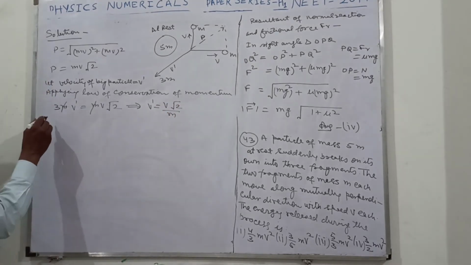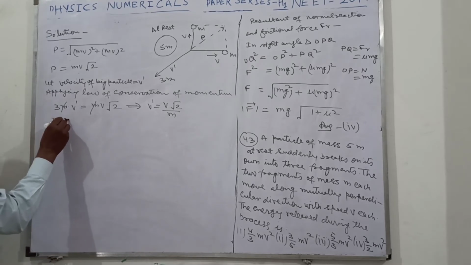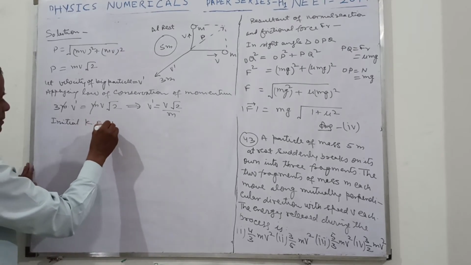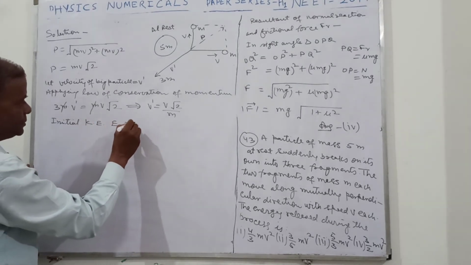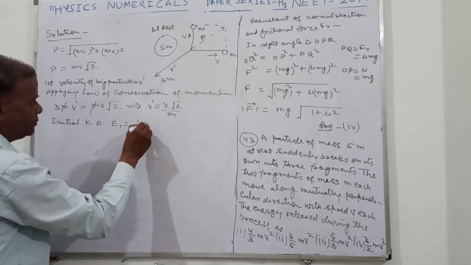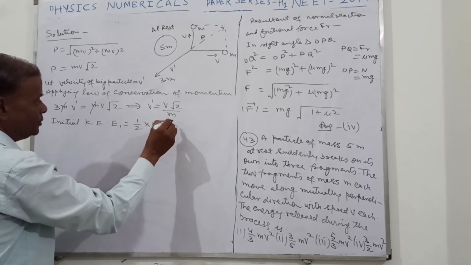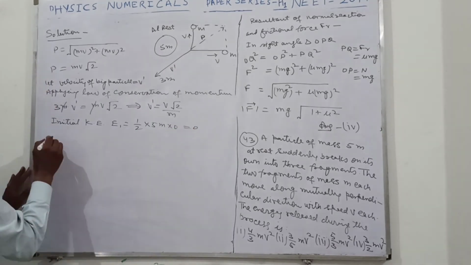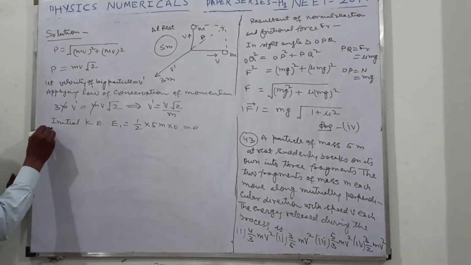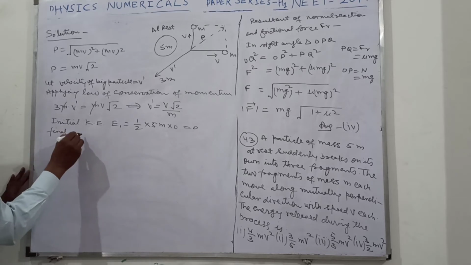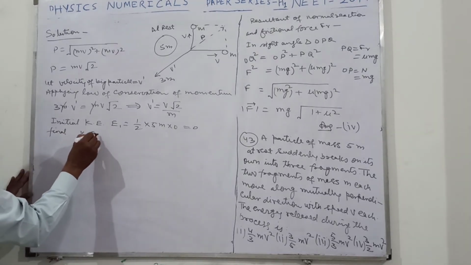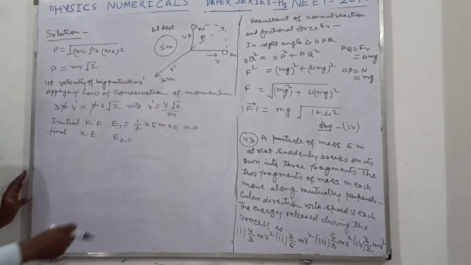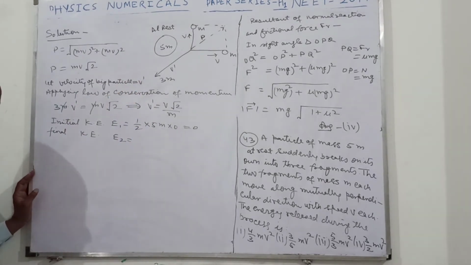Initial kinetic energy E1 is equal to half into 5m, but this is at rest, so this is 0. And the final kinetic energy E2 is the sum of the kinetic energy of the three particles.